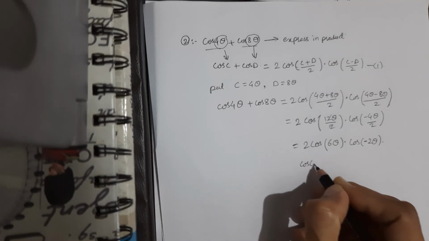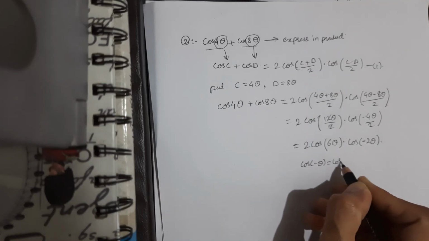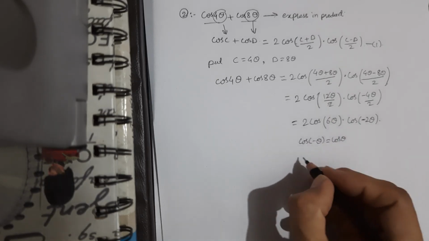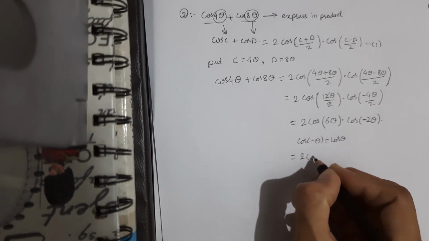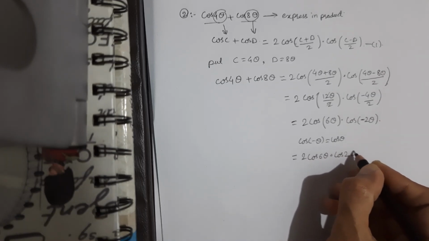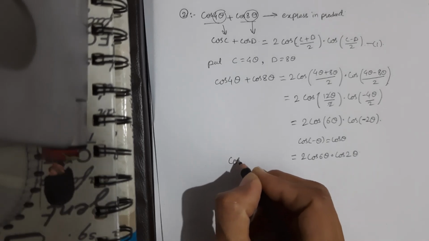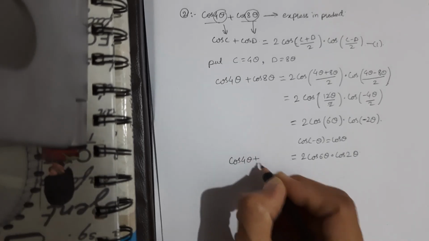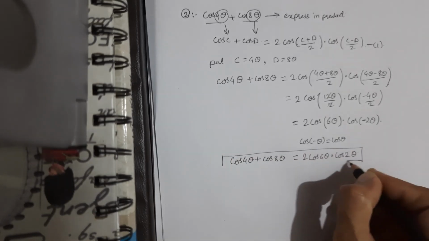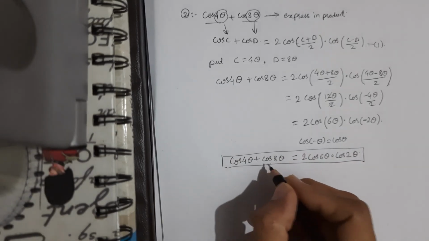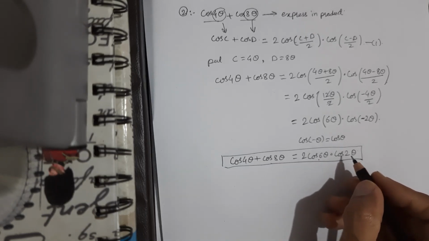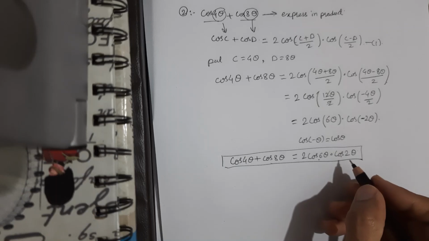Now we know that cos minus theta is cos theta again, so this minus sign is absorbed and I'll get 2 cos 6 theta into cos 2 theta. On this side I have cos 4 theta plus cos 8 theta. So that's how I express the given term in the form of a product. I hope you understand it.